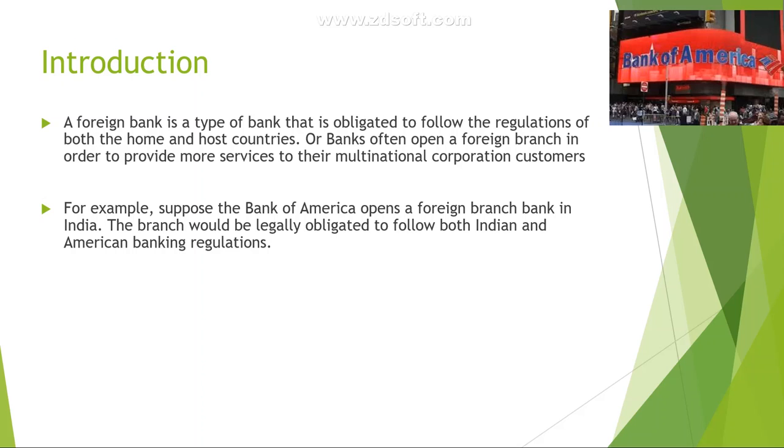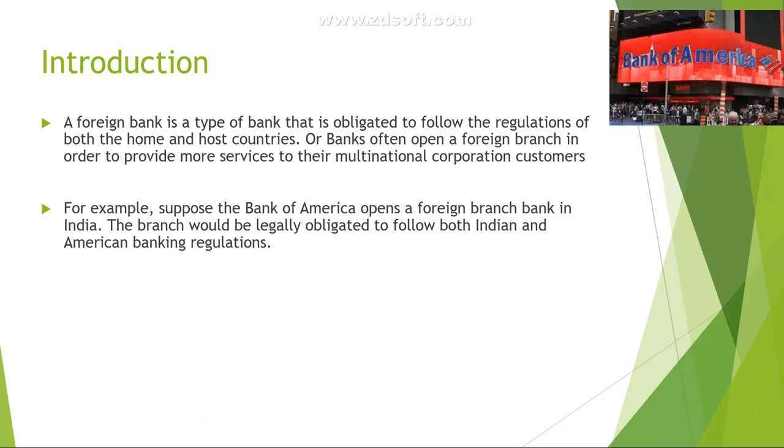As we were discussing earlier, from a regulatory perspective, each country has its own central bank. In India, we have the RBI, and the US also has a central bank. So a bank which is established in both the US and India has to follow the regulations of both countries with respect to their banking systems.